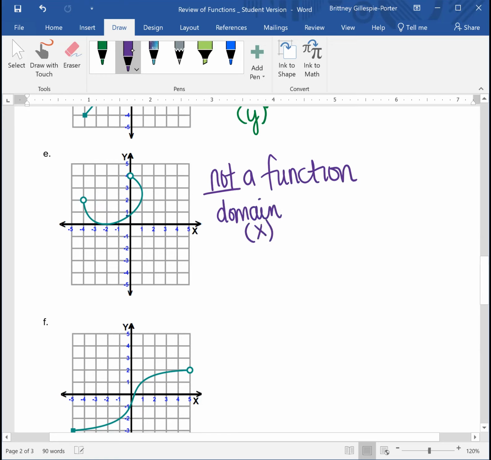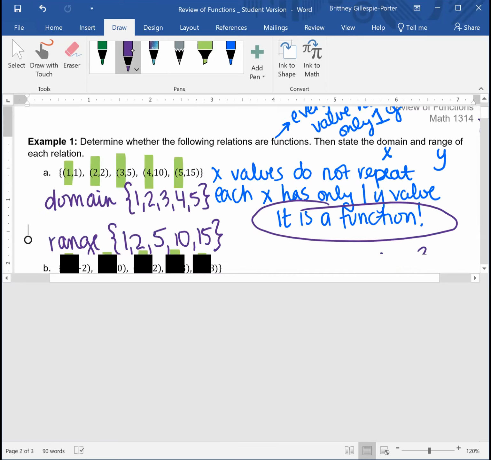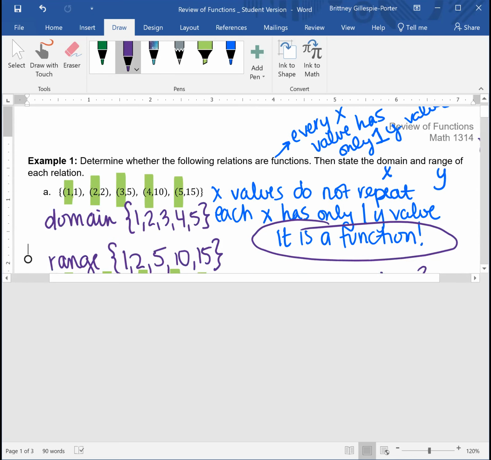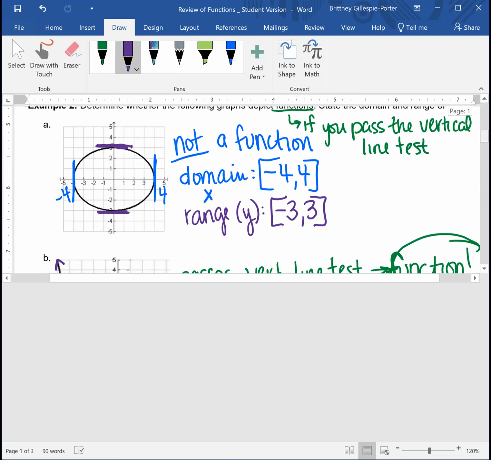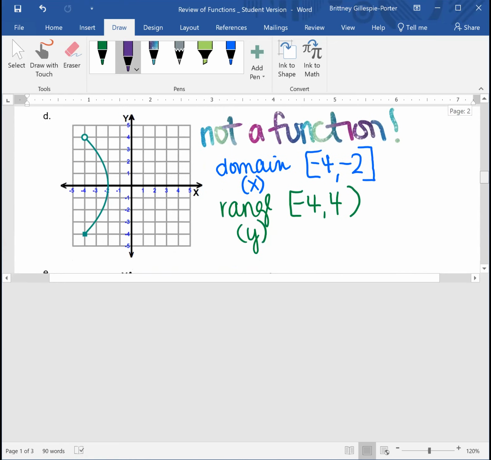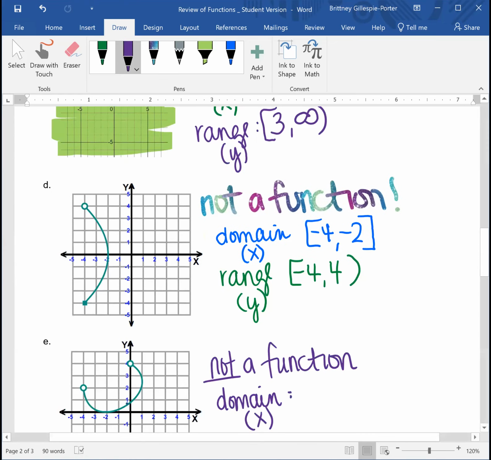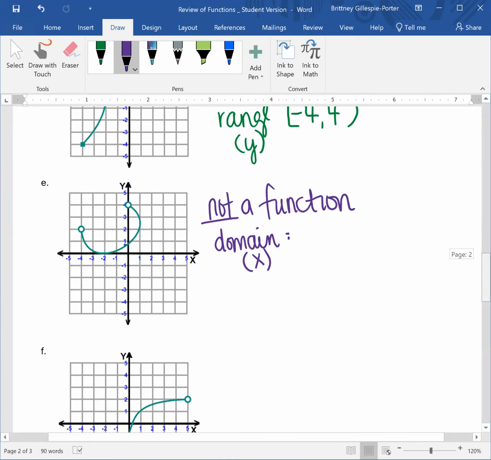As I'm sure you are getting sick of hearing, domain is x. And we're working our way from left to right, smallest to largest. The smallest x value that we get close to is our -4.